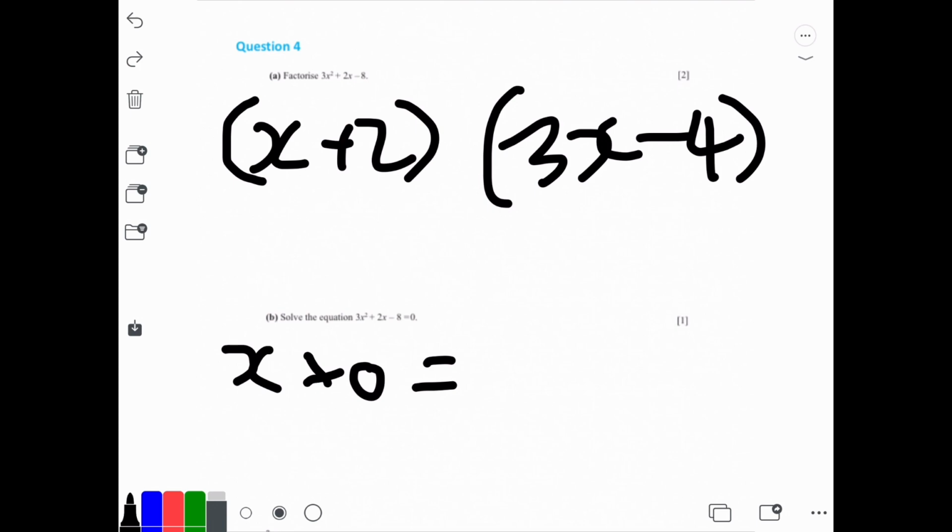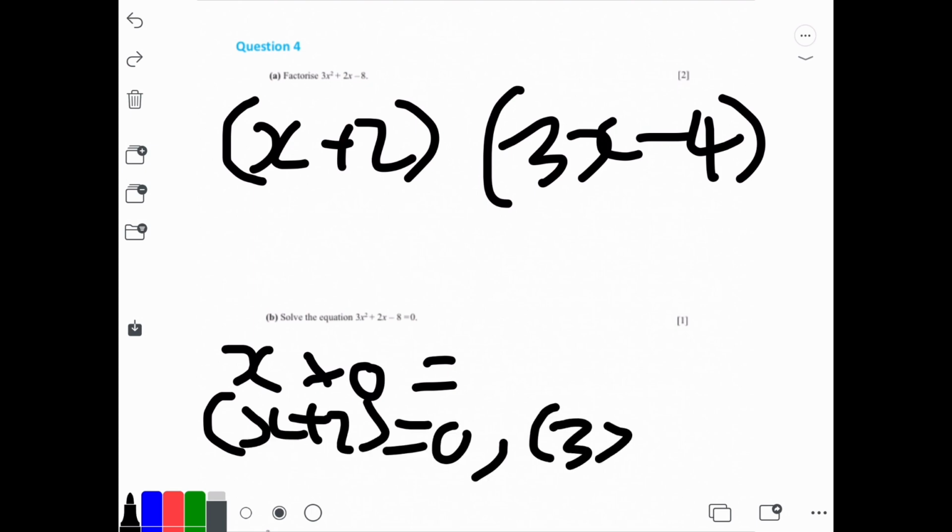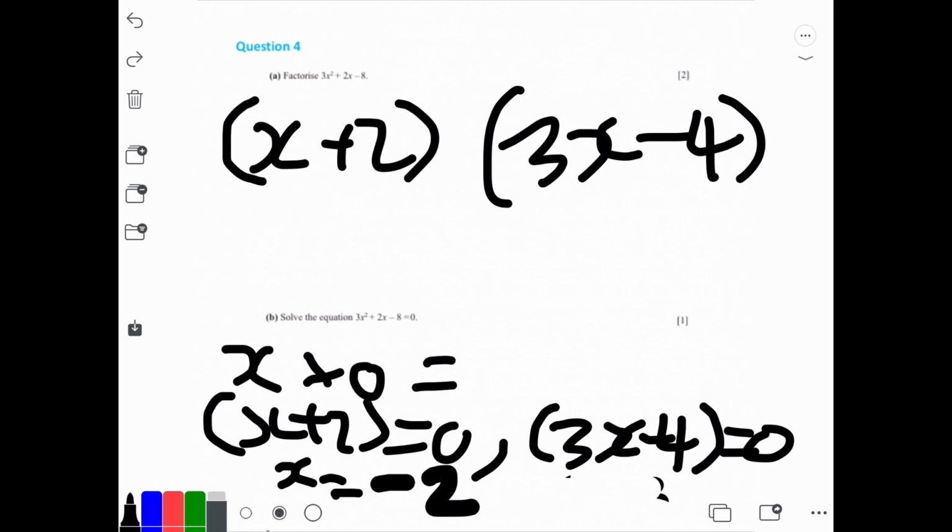So this would give us two solutions, as either x plus 2 is equal to 0 or 3x minus 4 has to equal 0. And in the case of x plus 2 equals 0, our x would equal negative 2, because negative 2 plus 2 is equal to 0.